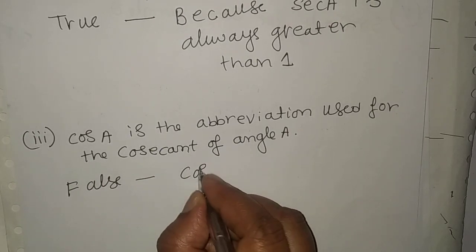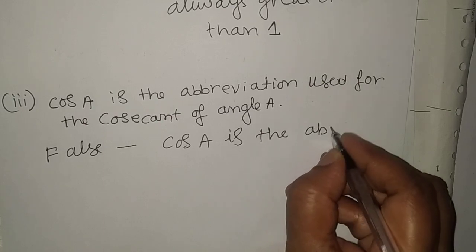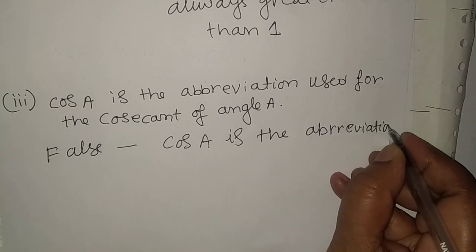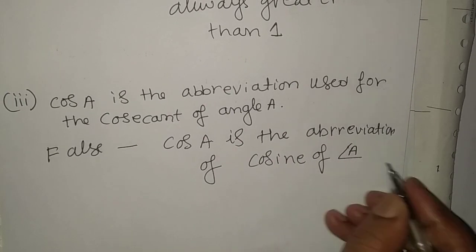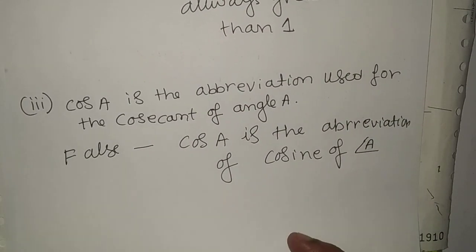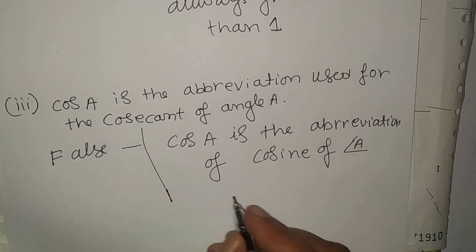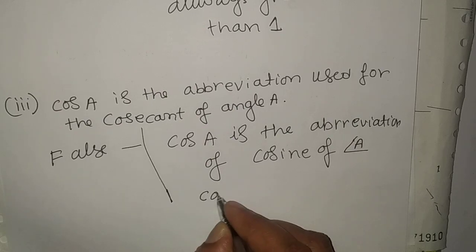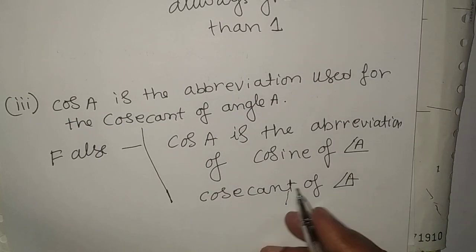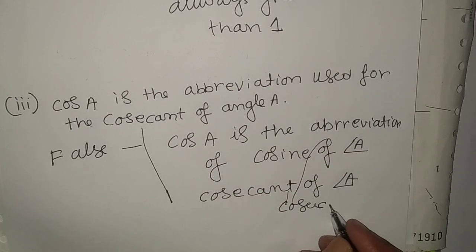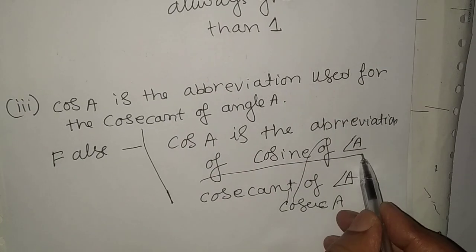The reason is cos A is the abbreviation of cosine of angle A, and the abbreviation for cosecant is cosec A. So this is for cos and this is for cosecant.